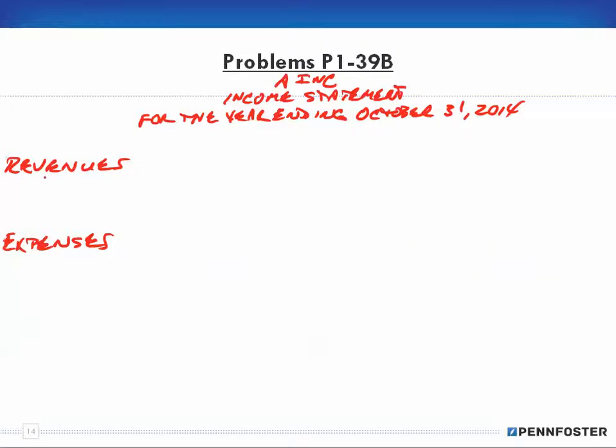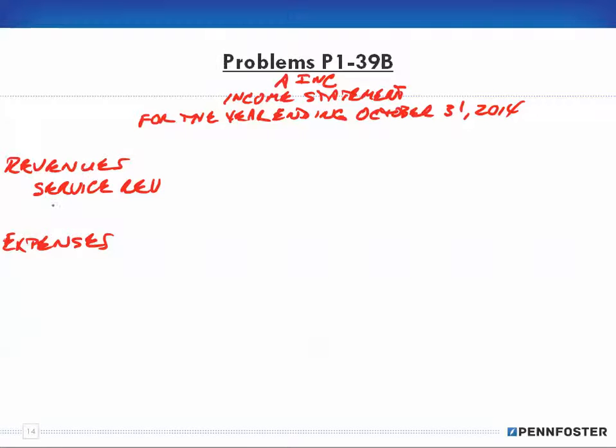Now, I start out with revenues, and I will list all of my general ledger accounts for my revenues. And what I do, I'm indenting. Okay. And in this case here, all I have is just one account called service revenue. And again, I'm abbreviating here. Right?